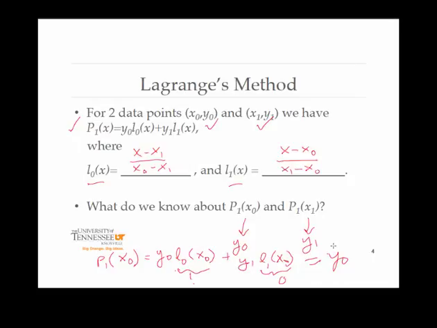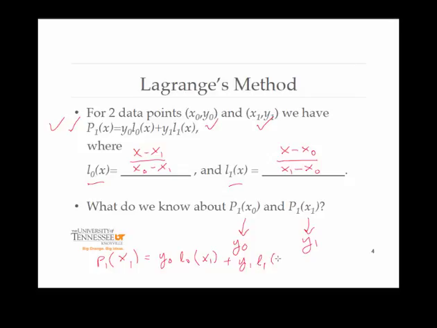Now let's do the same check for P1 evaluated at x1. Again, that would mean we would evaluate y0 times L0 of x1 plus, again, go back up to this formula right up here, y1 times L1 of x1.